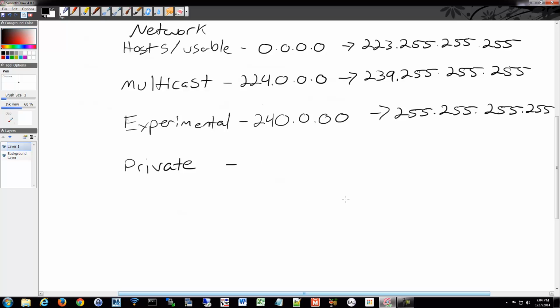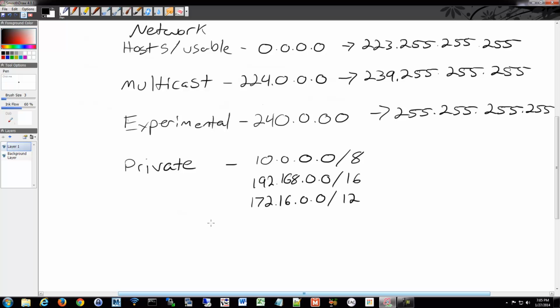But the private ranges that we use on almost every internal LAN start at 10.0.0.0, and that's a /8. We have 192.168.0.0/16, and then we have this slightly weird one that most people don't use, and that's a /12.